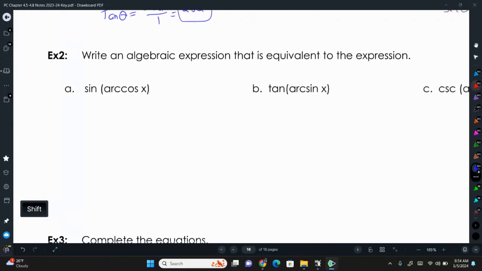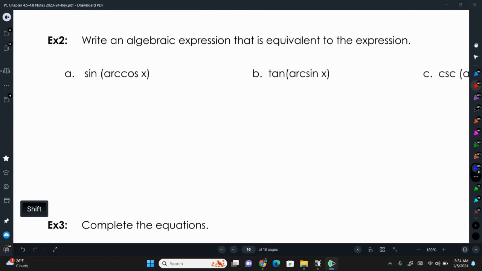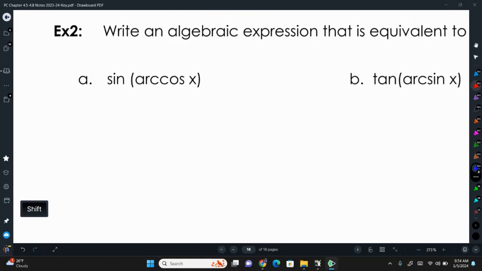All right, so in example number 2, we're going to write an algebraic expression that is equivalent to the sine of the inverse cosine of x. So what this is telling us is that the cosine of some angle is x. Remember, we can really write it as x over 1, which is the adjacent over the hypotenuse.